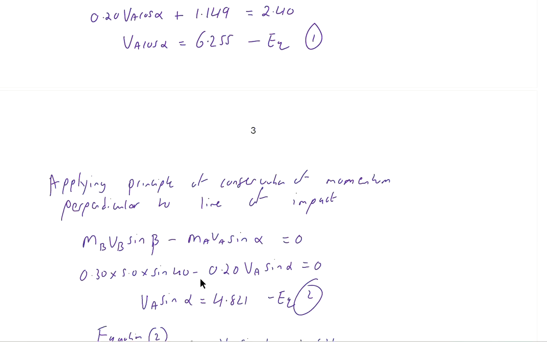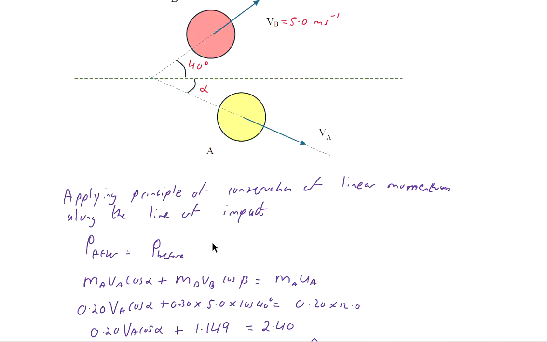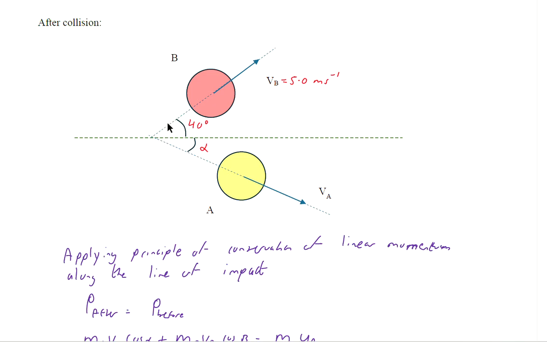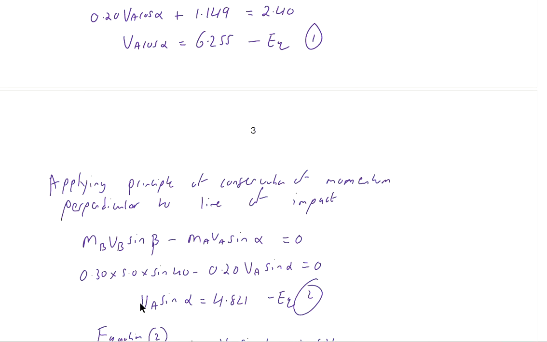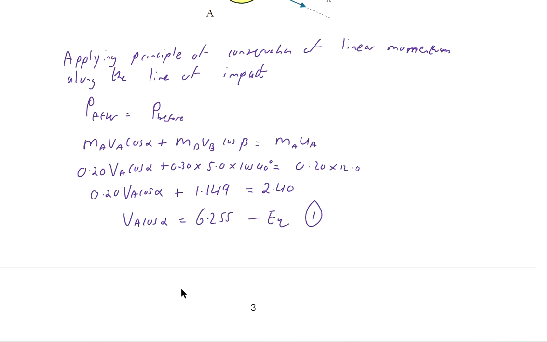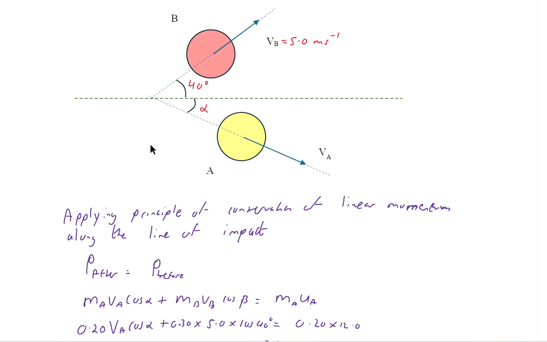We can apply the principle of conservation of momentum perpendicular to the line of impact now. So I'm going to take up as positive. For B, it's going to be MB VB sine 40 degrees, sine beta, which is 40 degrees. This is the substitution here. A is going to be moving the opposite direction.